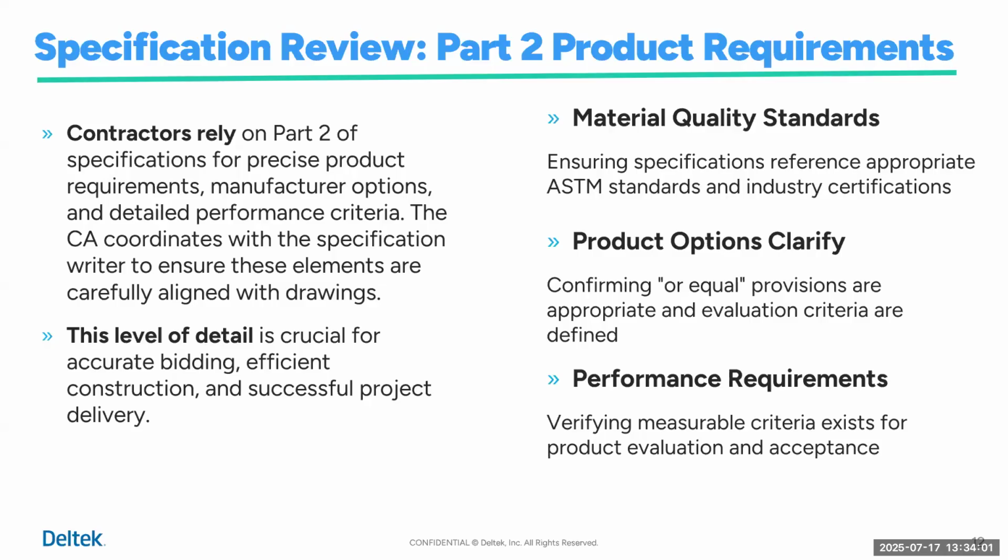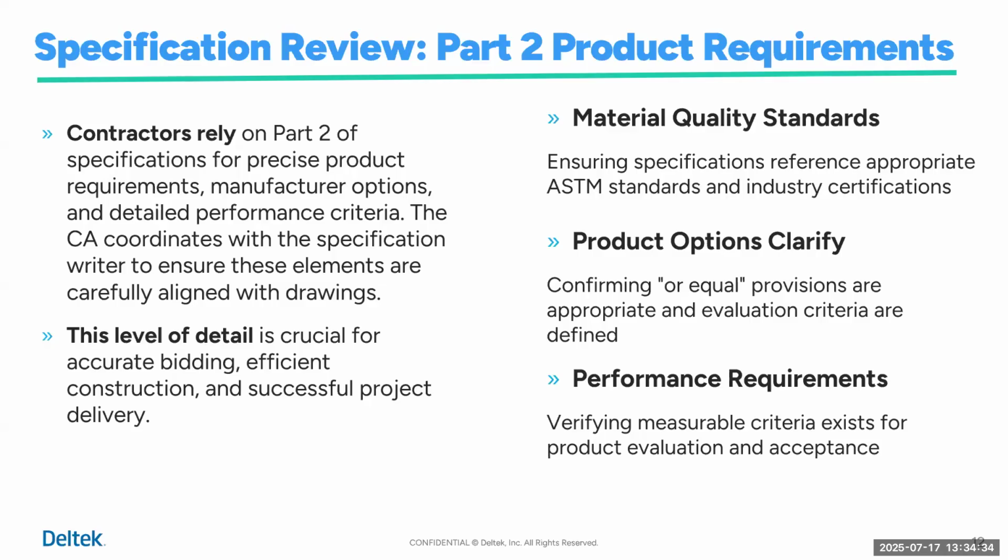And then there's the performance requirements. Well, that's important as well. The basis of design, and if a contractor is going to do a substitution, those performance requirements need to be indicated in the specification, so that it serves as a gauge for the other manufacturer they're trying to introduce to take the place of the basis of design.